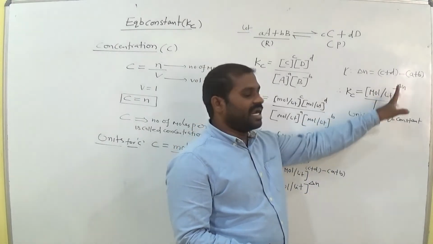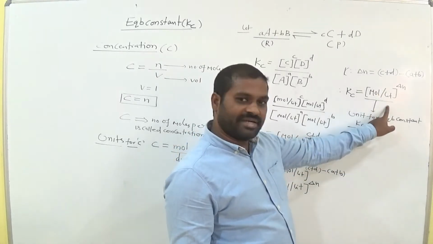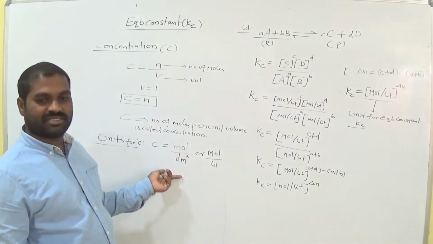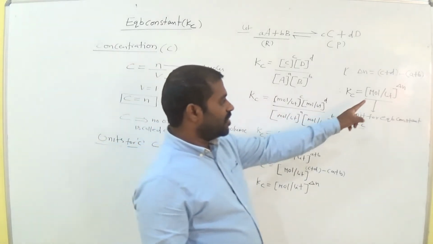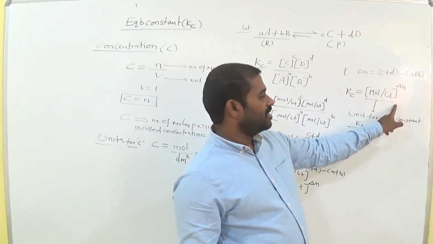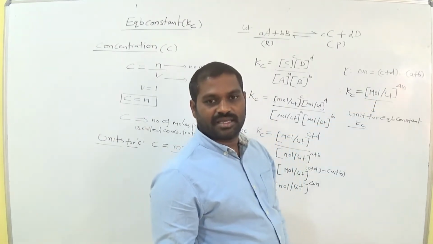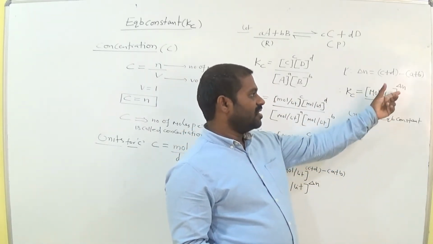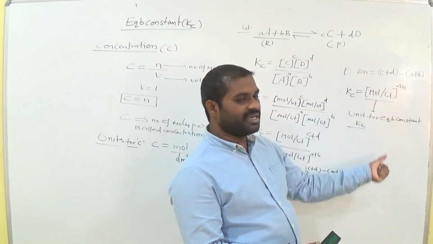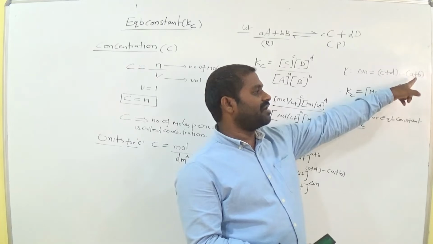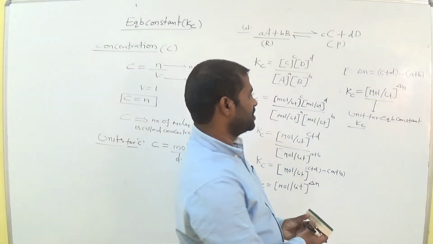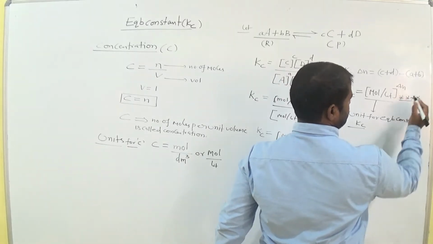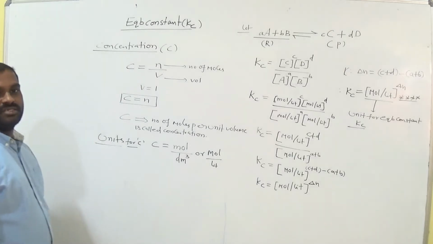Mole per liter whole power delta n, or mole per decimeter cube whole power delta n. Suppose you keep mole per decimeter cube here, then we get mole per decimeter cube whole power delta n. So the unit for Kc is mole per liter whole power delta n, where delta n means number of moles on the product side minus number of moles on the reactant side. Remember this. This one is important.